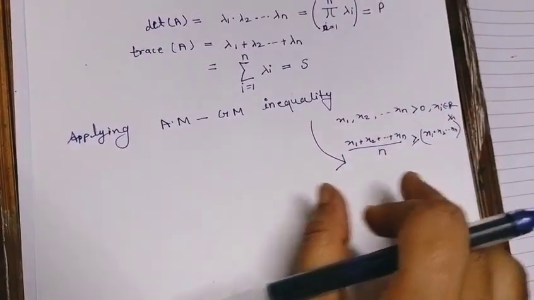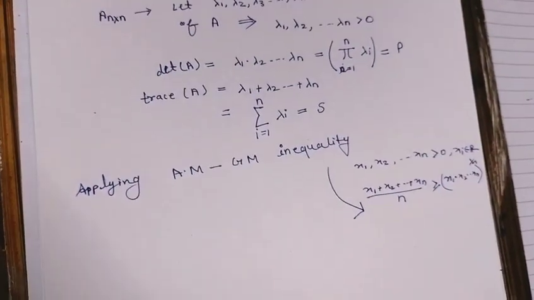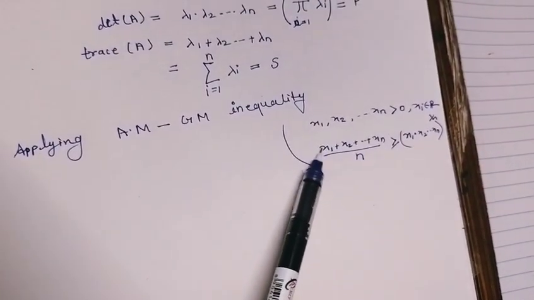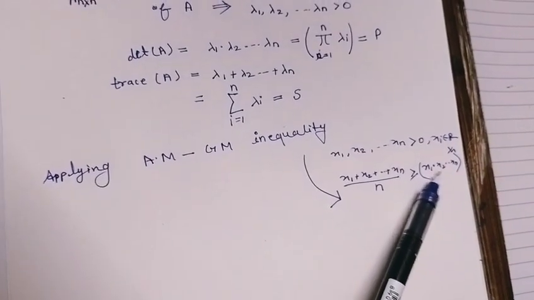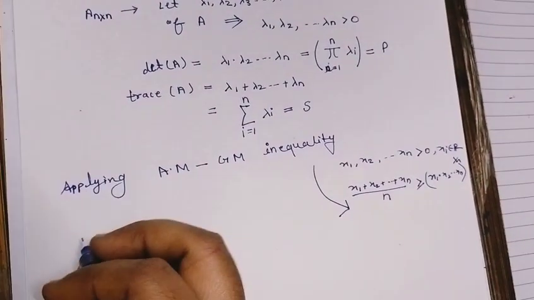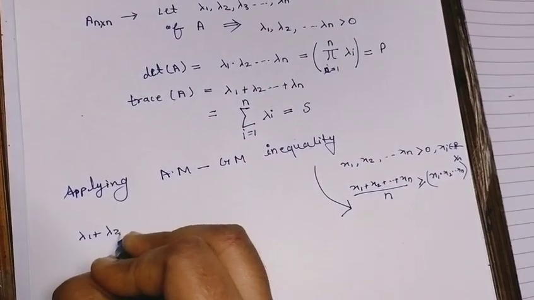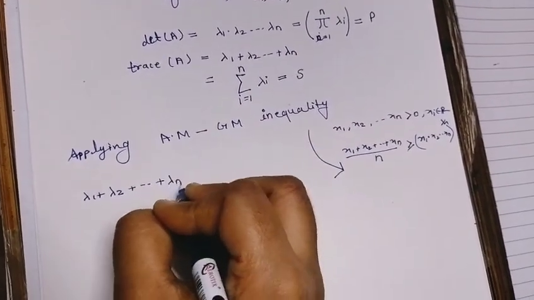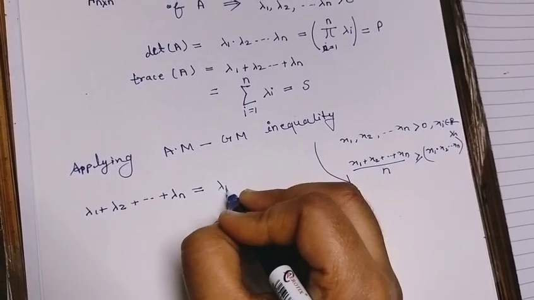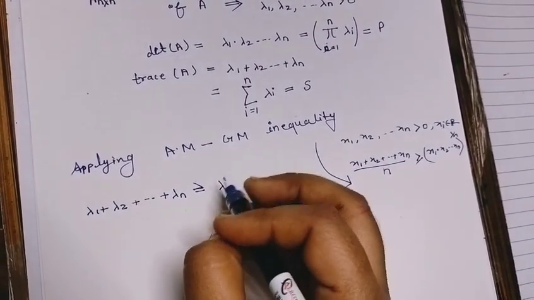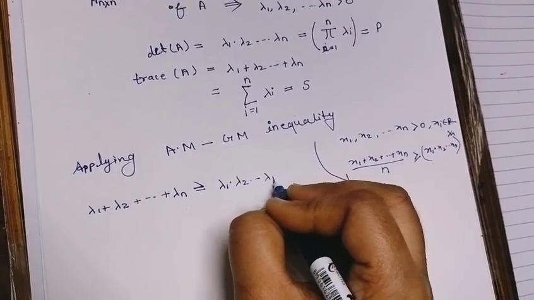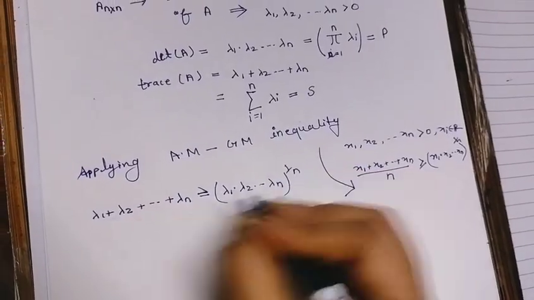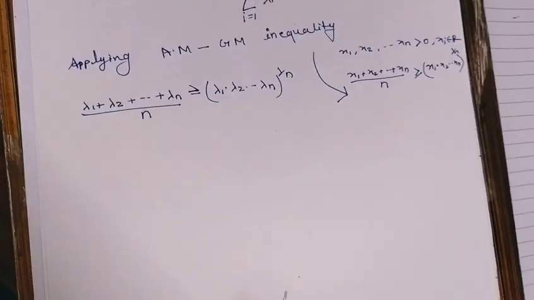I am going to apply this inequality here. In the place of sum, I will put my sum of eigenvalues, and here I will put my product of eigenvalues. So lambda 1 plus lambda 2 up to lambda n divided by n is greater than or equal to lambda 1 into lambda 2 up to lambda n raised to the power 1 by n. This is my AM-GM inequality.